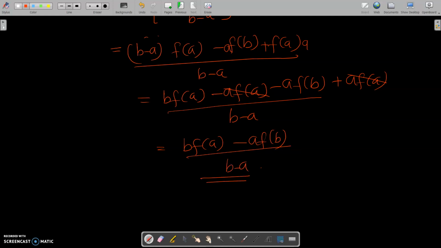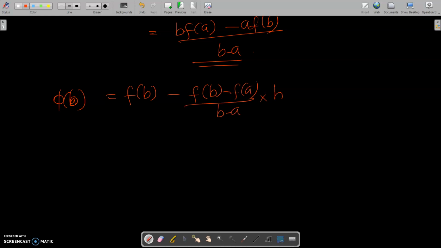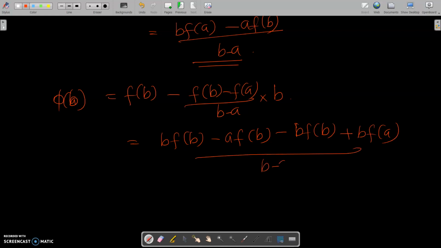Okay, similarly, what will be phi of b? Phi of b is equal to f(b) minus f(a) divided by b minus a, into b. So this is b f(b) minus a f(b) minus b f(b) plus b f(a) divided by b minus a.